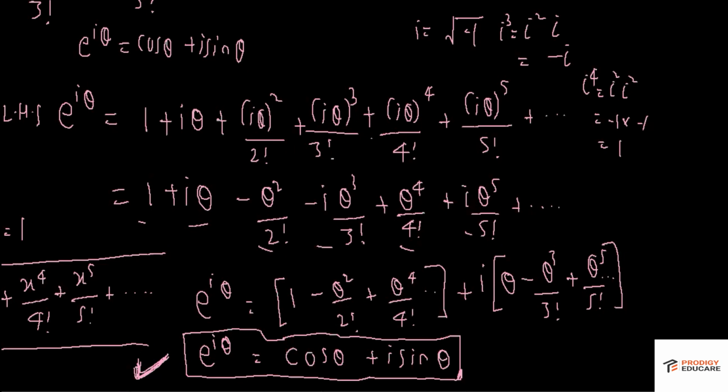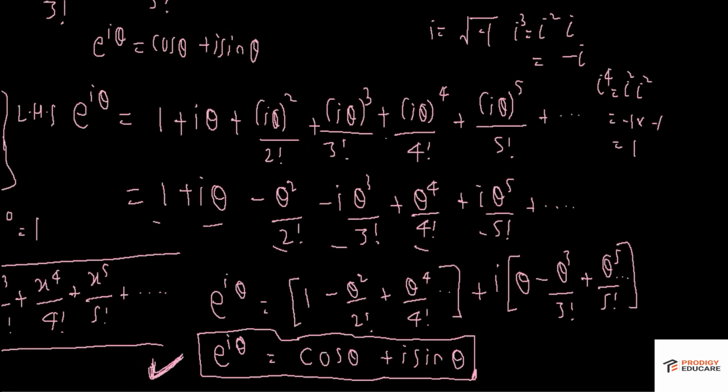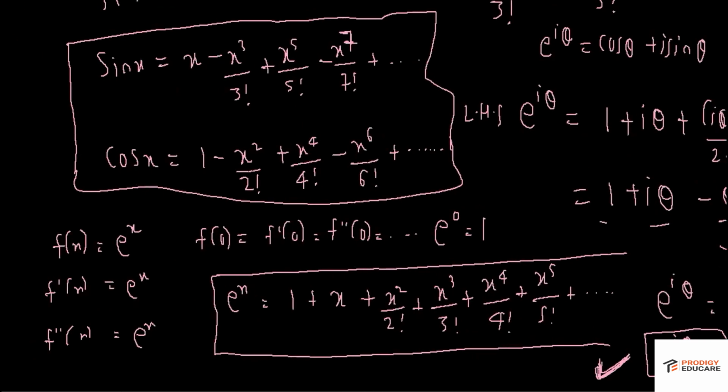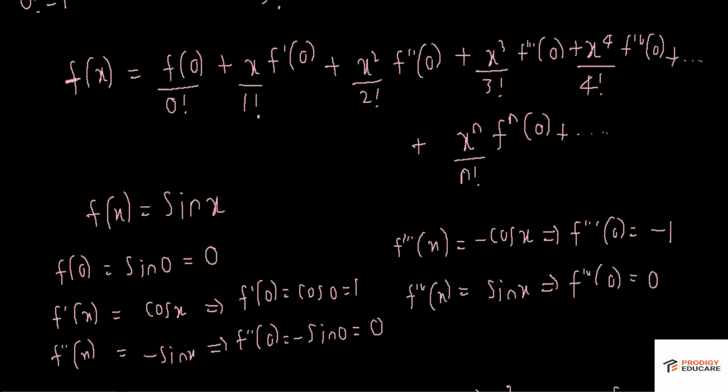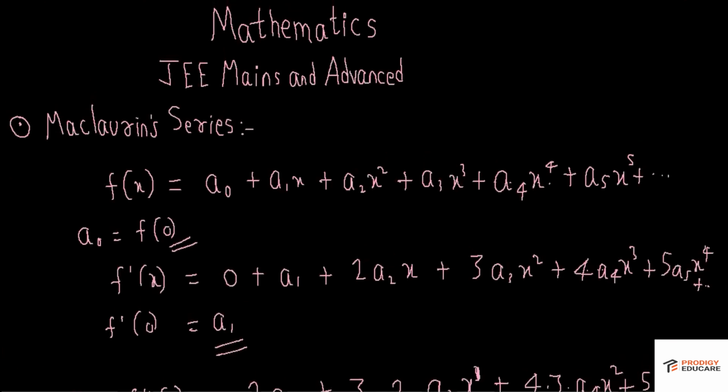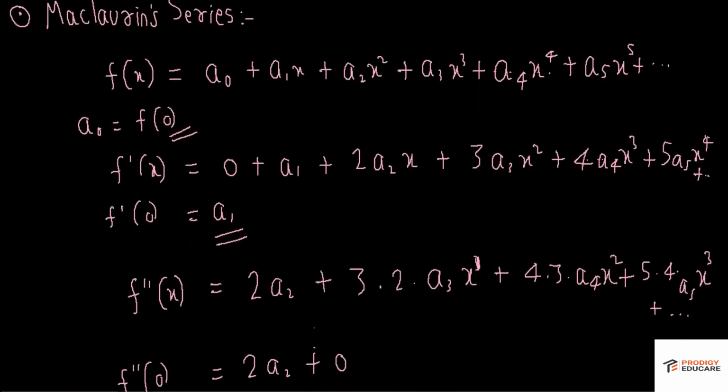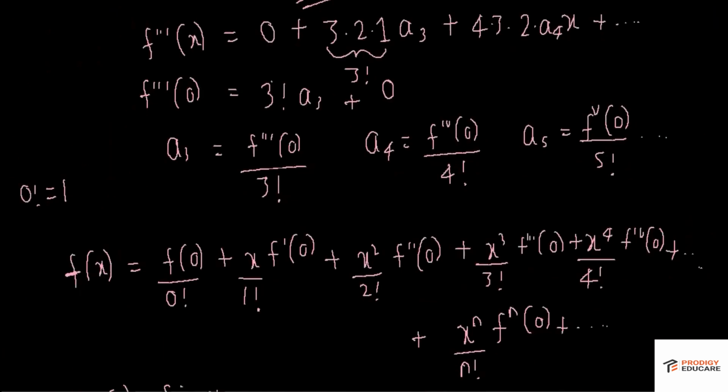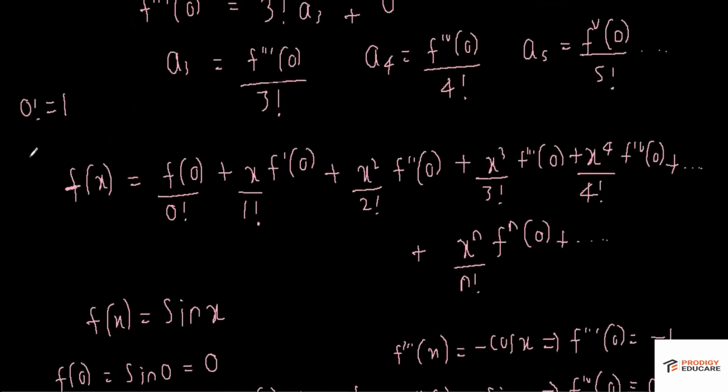So this formula, then we have the sine formula, e raised to x, cos x, and many more. This was derived from a simple idea that any function, or I'll say any differentiable function, can be written as a series of infinite polynomial. And then we derived the coefficients, and then we wrote the general formula. I'll simply box this general formula here.